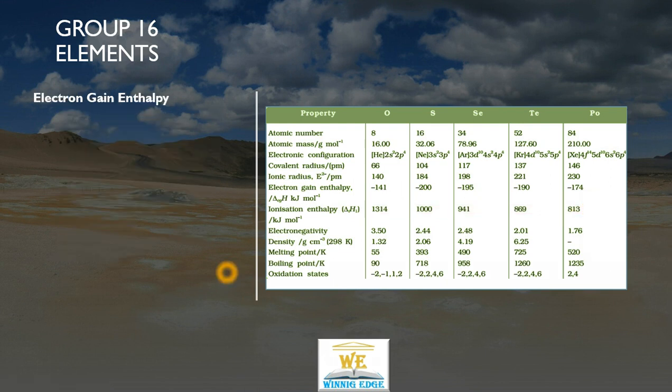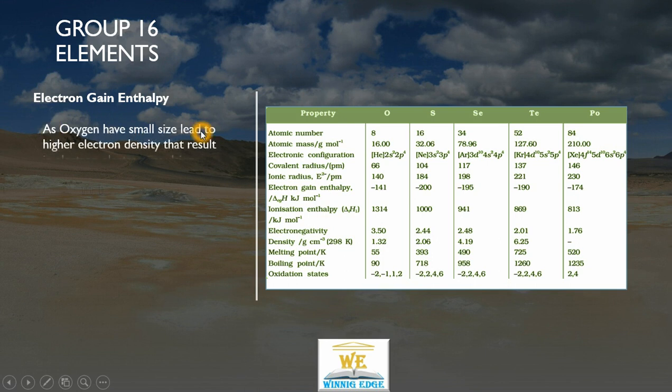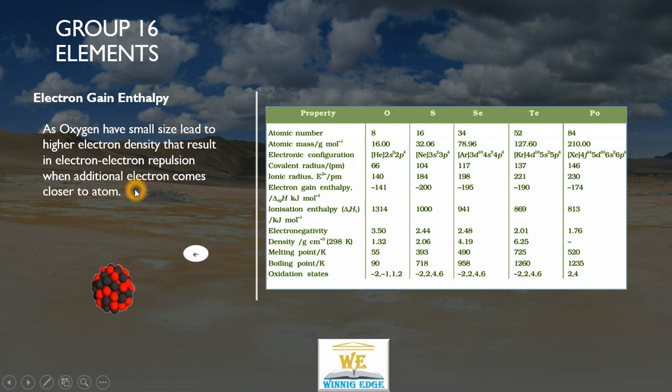Electron gain enthalpy. We see here that oxygen has a very small size and a very high electron density. This is the reason that when we try to add a new electron to it, that electron experiences a greater electronic repulsion force from the electrons present.